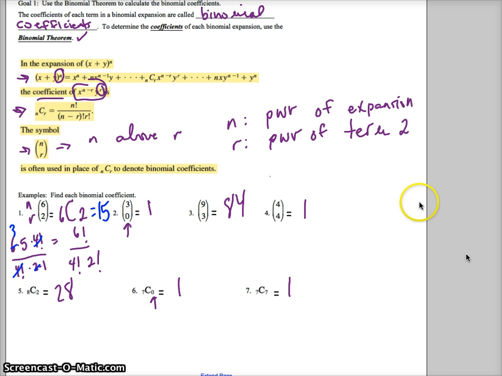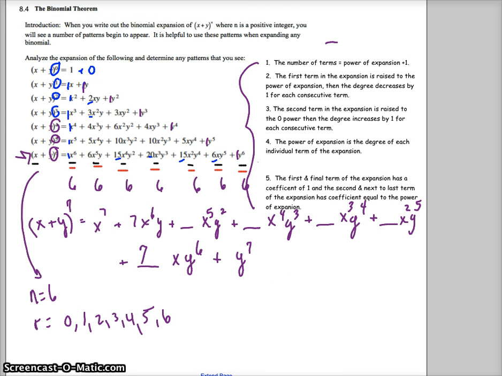Also, I want you to notice anytime that n and r are equivalent, as in 4 and 7, the binomial coefficient is 1. And that matches up with the power of expansion is 6, so the last term is raised to the 6th power. Binomial expansion is 5, the last term is raised to the 5th power.